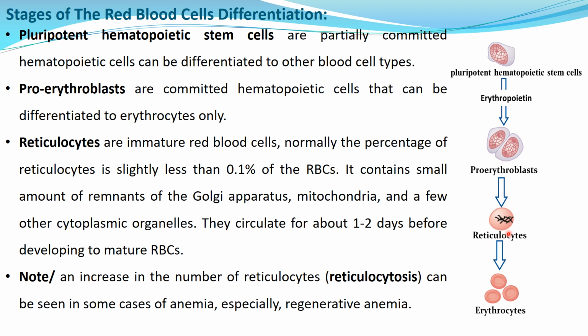So when there is an increase in the number of circulating reticulocytes, either due to treatment of the anemia or other factors, it means the anemia is regenerative, so it is a treatable condition.